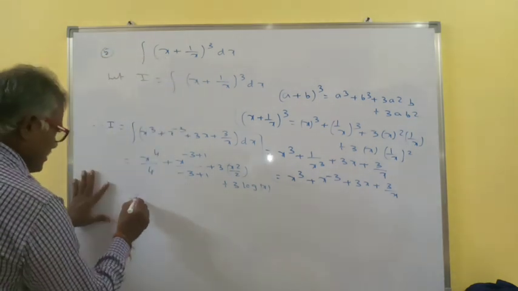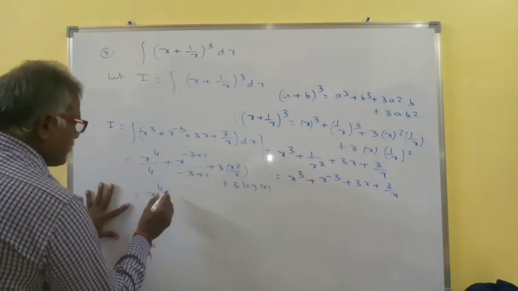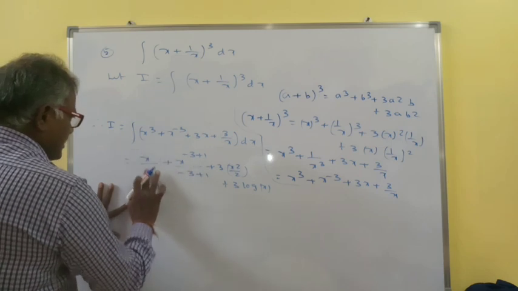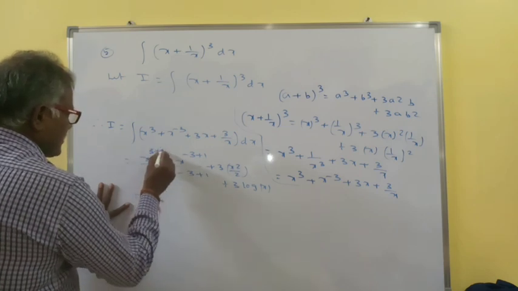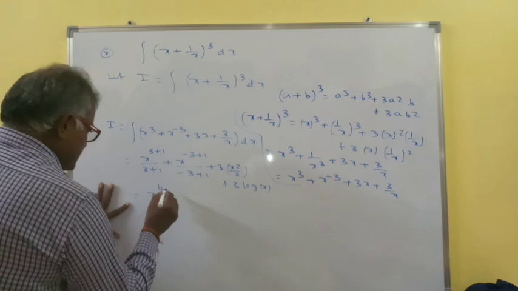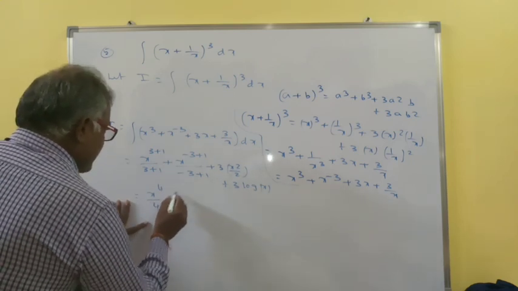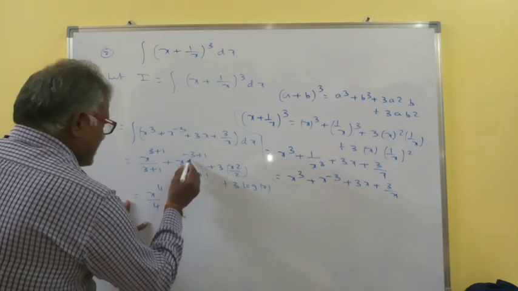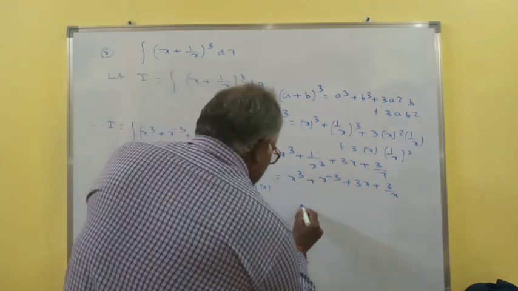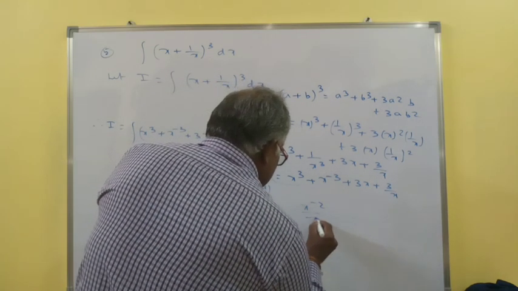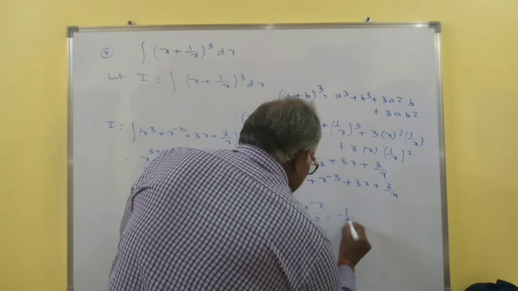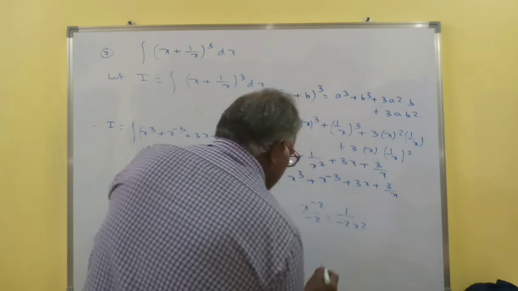So finally here x power 4, or you should write like this, no problem. x power 4 by 4. Here minus 2, you see x power minus 2 by minus 2, that means 1 by minus 2 into x square.